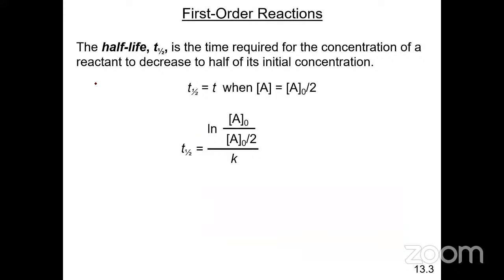Let me remind you of what we're talking about here. The equation that I exposed you to before is ln concentration of A over initial concentration of A is equal to minus KT, all right?